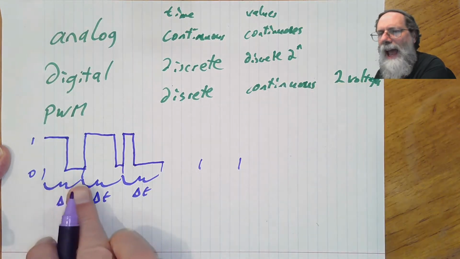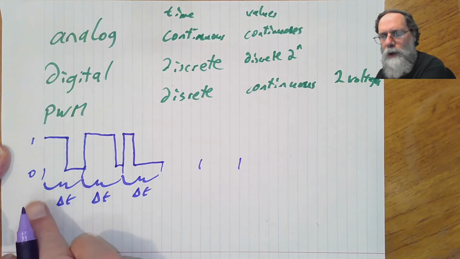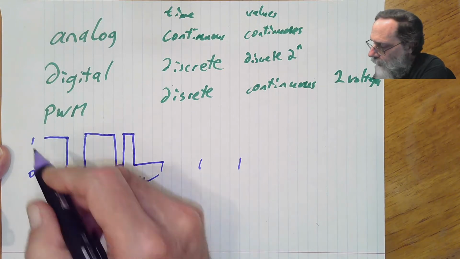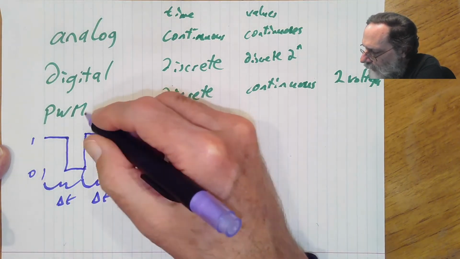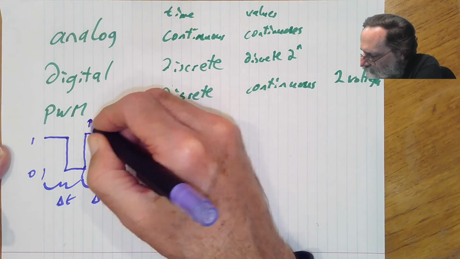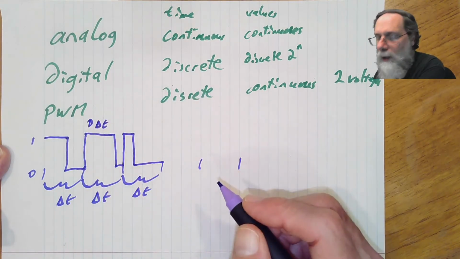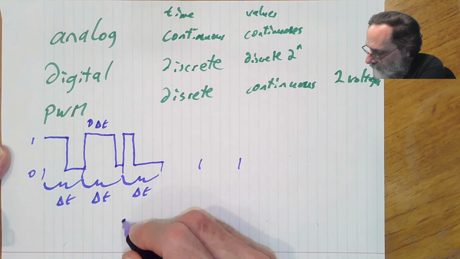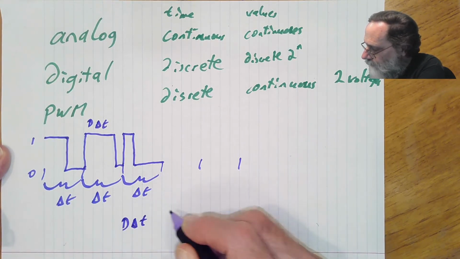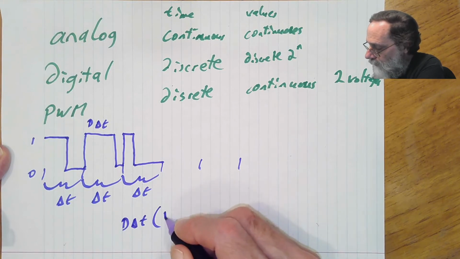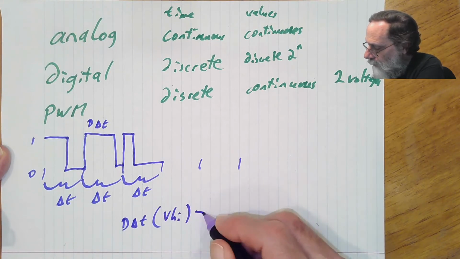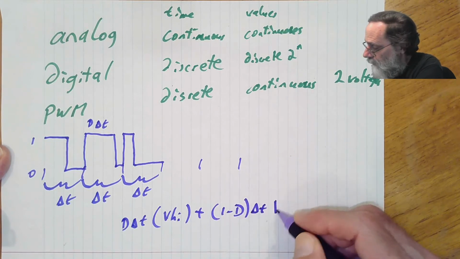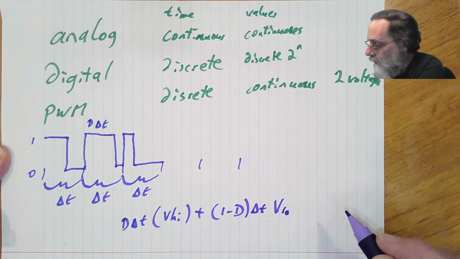What is the average value of the voltage within this delta t period? Well, let's say that the time it's high is d times delta t. So the average value there is going to be d delta t times v high plus 1 minus d times delta t times v low.